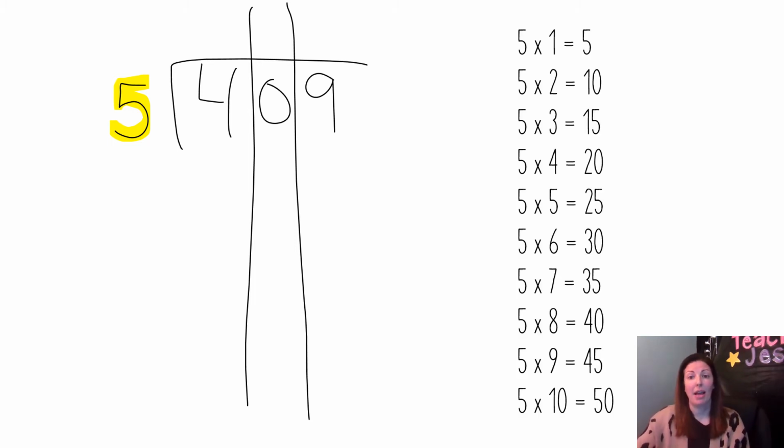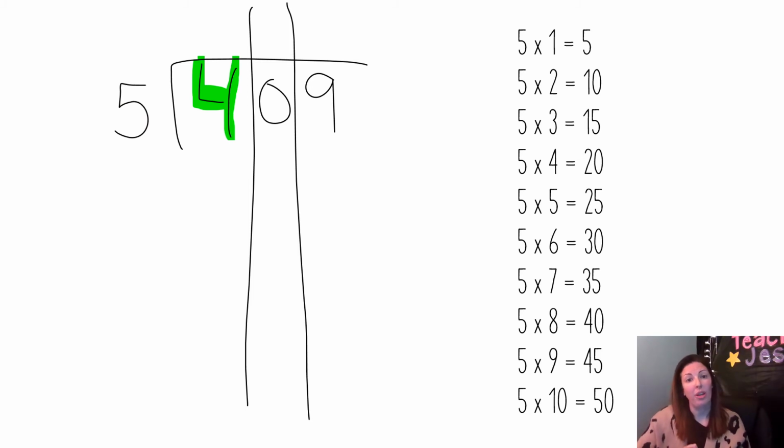I started with 5 times 1, which equals 5, and I went down to 5 times 10 equals 50. I went to 10 just to make sure that I wouldn't have to go back and add anything to it later in the lesson. So I have all of my multiples of 5 from 5 to 50, and I am ready to start.